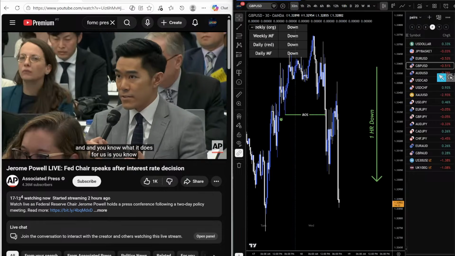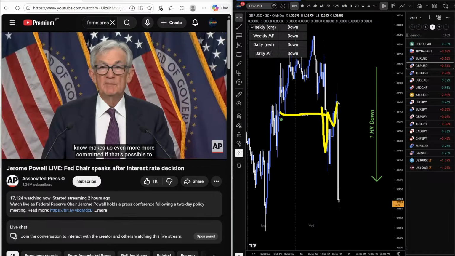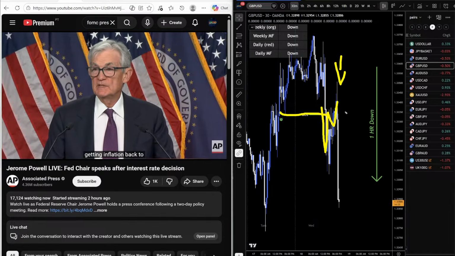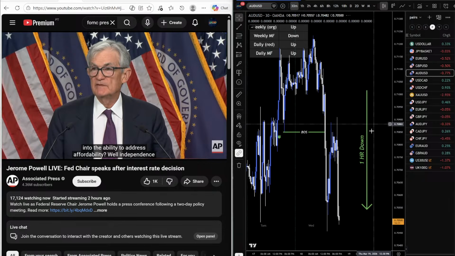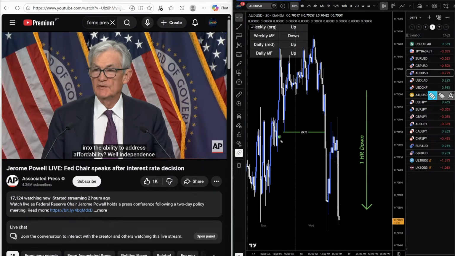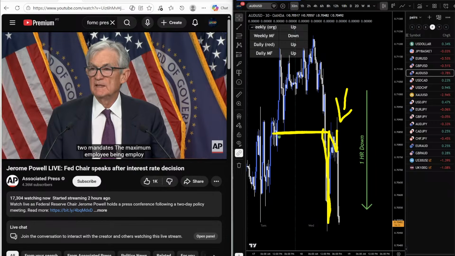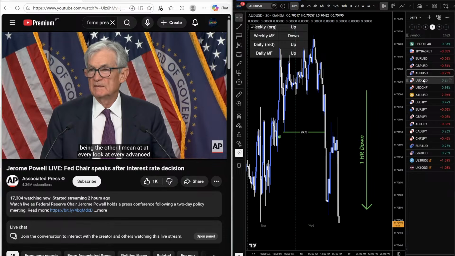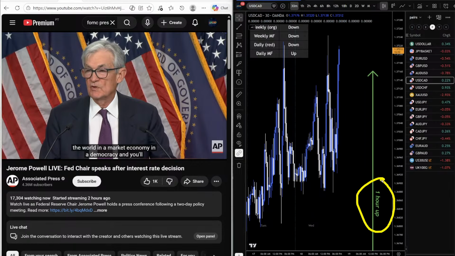How does the Fed's independence play into the ability to address affordability? Well, independence is what allows us to do our jobs, and stable prices is half of our mandate. It's one of our two mandates, the maximum employment being the other. I mean, look at every advanced economy that looks anything like the United States, anywhere in the world, in a market economy, in a democracy, and you'll see pretty much central bank independence that looks a lot like, in some cases stronger than, what we have.